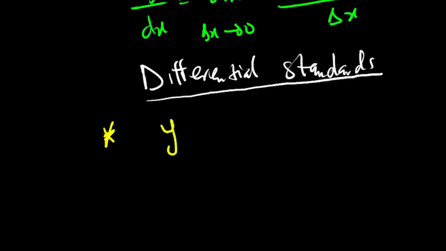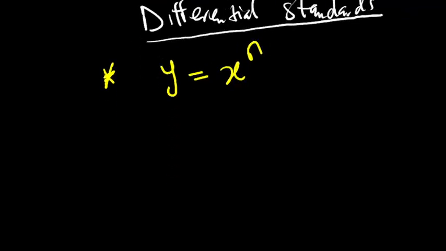And what is the power rule? It states that whenever you're having this kind of question, don't forget both x and y are variables. n is a constant.